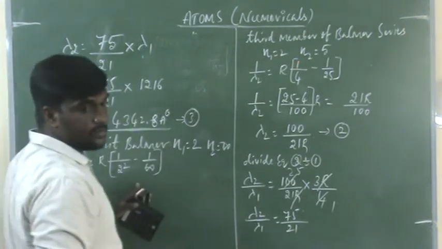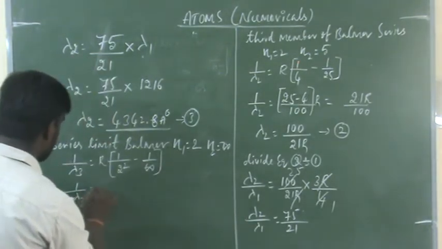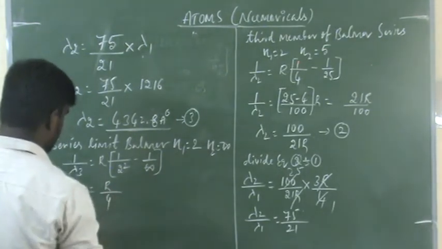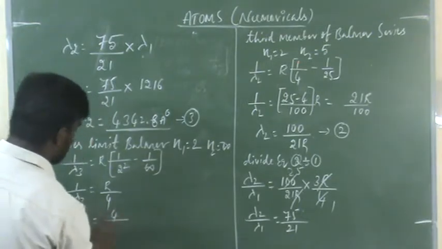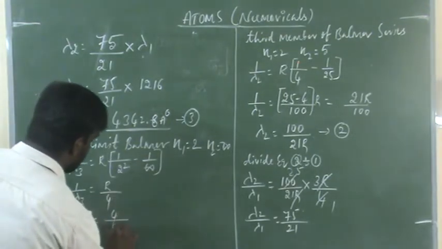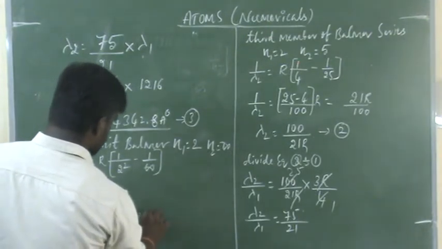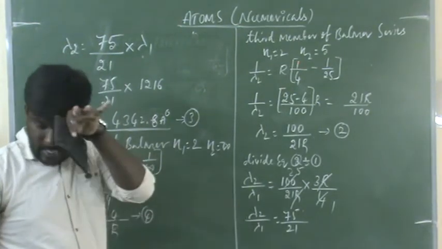So 1 by infinity means 0. So 1 over lambda 3 equals R divided by 4. Interchanging the denominator and numerator, lambda 3 is equal to 4 by R. We call it equation 4.